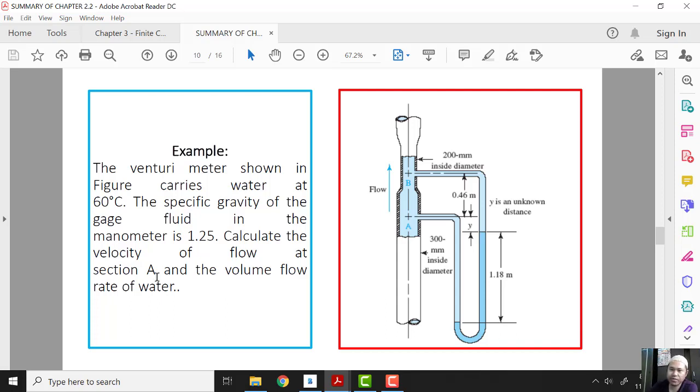In this figure, the inside diameter of the contraction is 200 mm, and the inside diameter of the pipe is 300 mm. The elevation from point 1 to point 2 is 0.6 meter, and the unknown elevation from the manometric fluid level to point A is y, and the elevation of the manometric fluid is 1.18 meter.